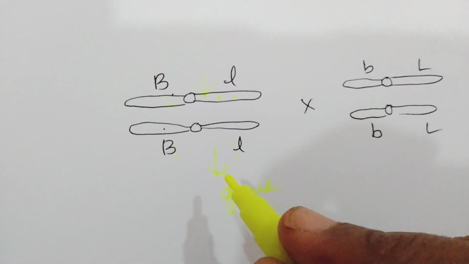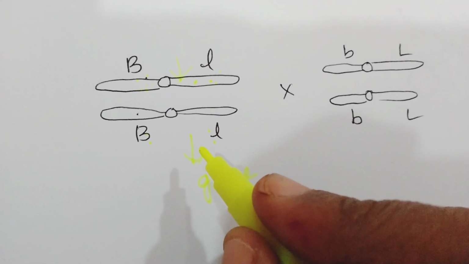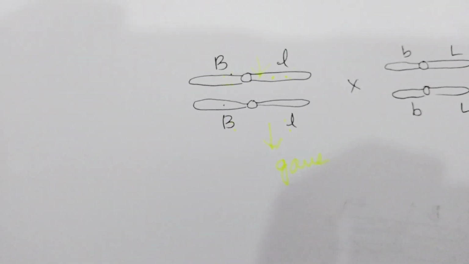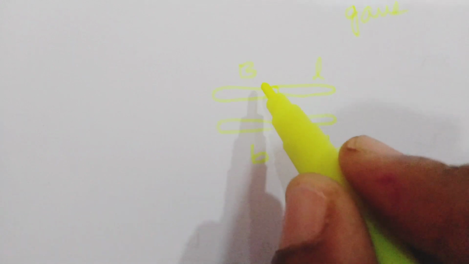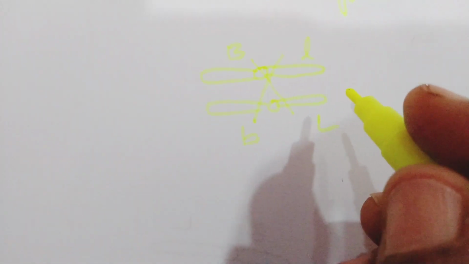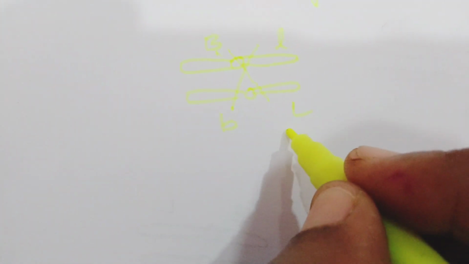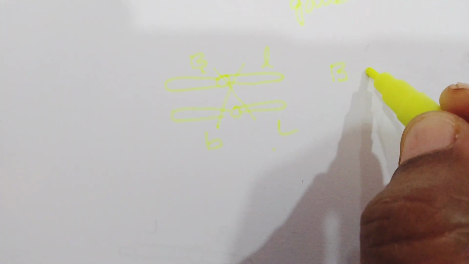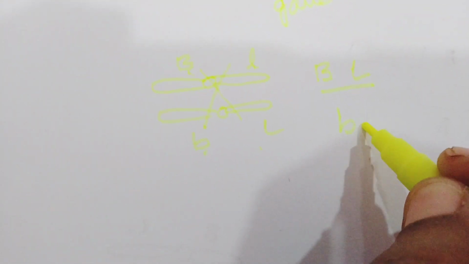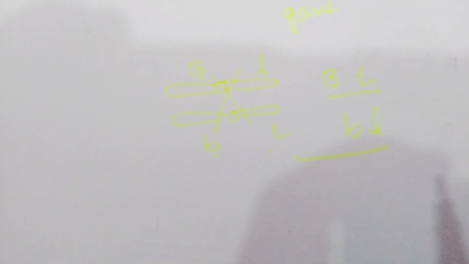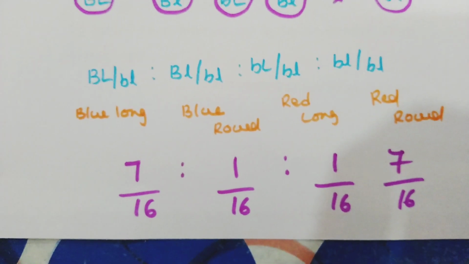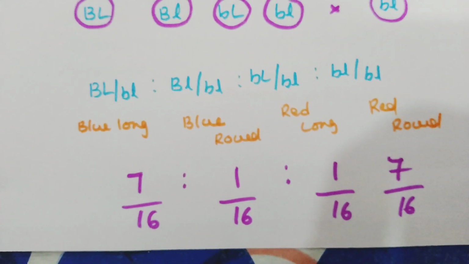What is the recombinant here? When crossing over occurs in between these two chromatids, BL is formed here. BL is the recombinant. Small b small l is the recombinant. That's why we got more recombinants here.